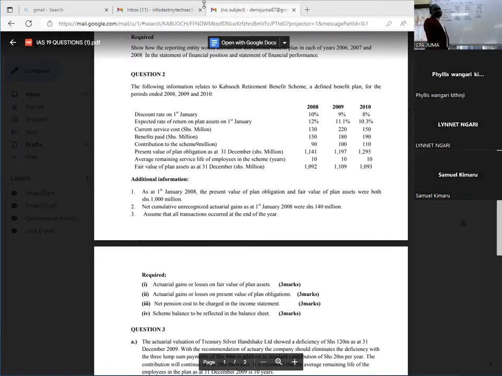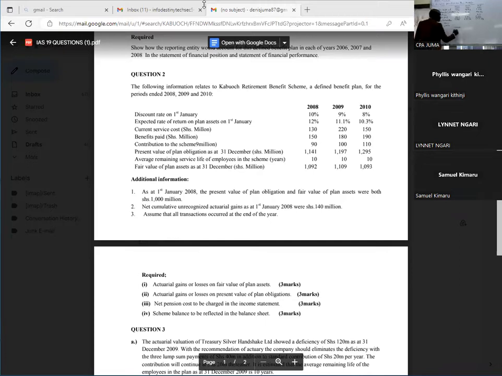Evening 2010 comes to 1140.23. The balancing figure will be actuarial gain or actuarial loss.